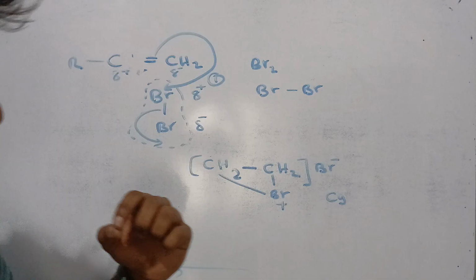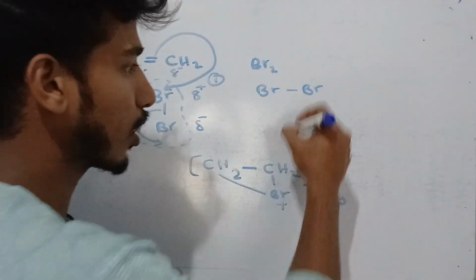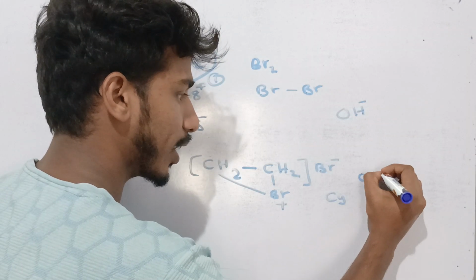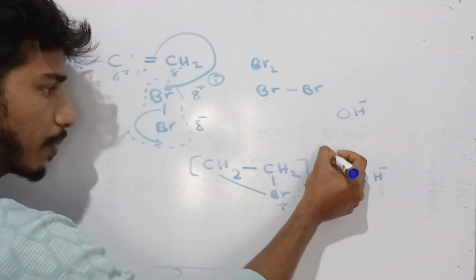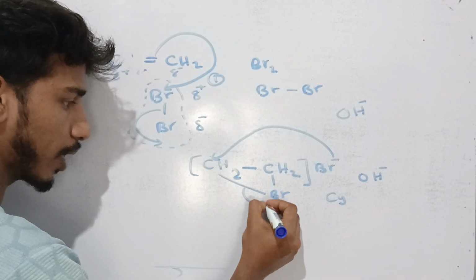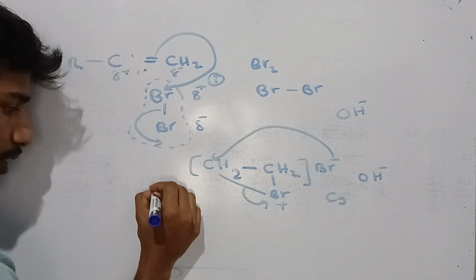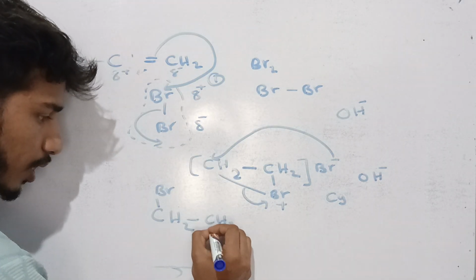Because if there were any other anions apart from this Br minus, let's say if you had OH minus, that also can attack onto here. Now the mechanism is the minus charge attacks this carbon, causing the bond to break away, forming CH2Br and CH2Br.